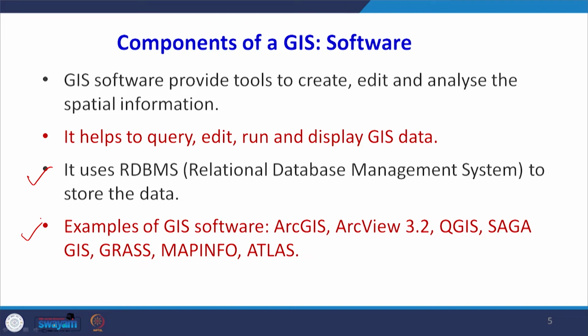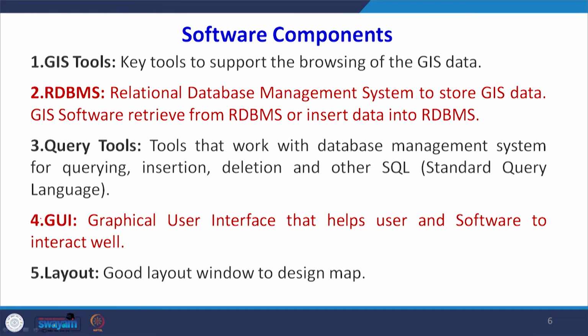So these are some of the examples of the software which people are using for different kinds of analysis work. Now if we further see what the essential components of this software are, which we want to procure, or develop, or download if freely available, we have the capabilities of GIS work. So GIS tools should be there which can support browsing of the GIS data.